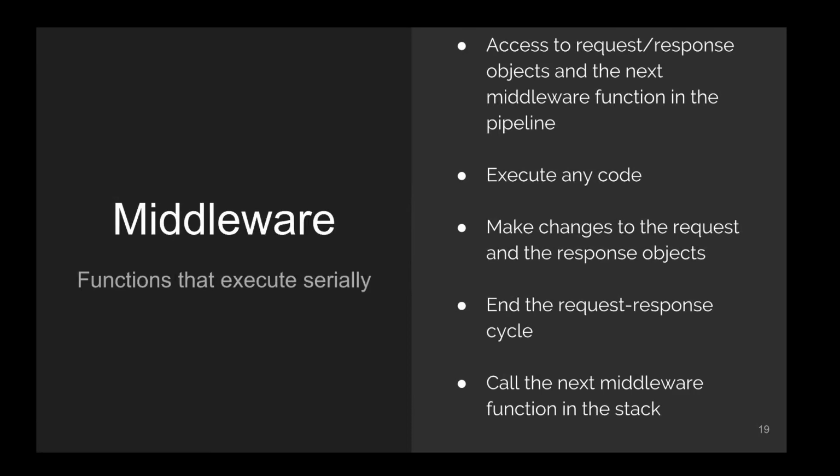Moving on. We talked about middleware, and we set up a middleware earlier called static, which is part of Express. Now middleware are simply functions that are executed back to back, or serially, in the request pipeline. When a request comes in, there are a bunch of functions. Think of it as an array of functions, and they execute from index 0 all the way to the end. Each one, when it's done, calls into the next function.